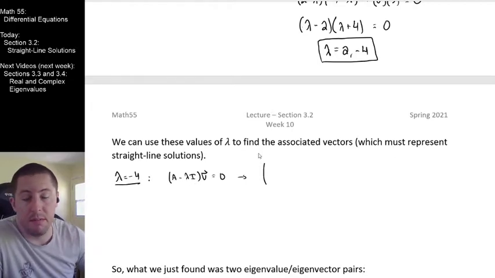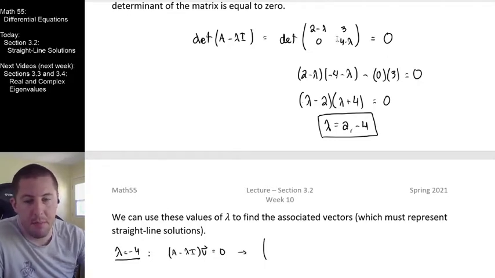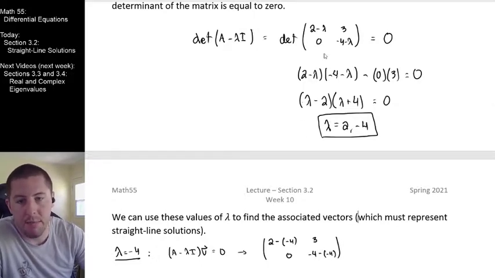Lambda is going to be this negative 4. So I'm copying my work from up here. There's my A minus lambda I sitting up there at the top. So I'm going to get things like 2 minus negative 4, 3, 0, negative 4 minus negative 4. This is me plugging in lambda into A minus lambda I.